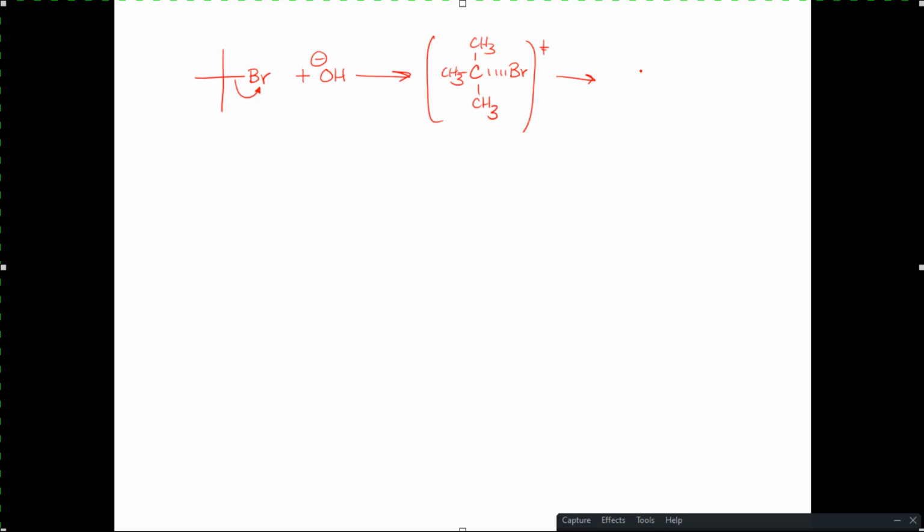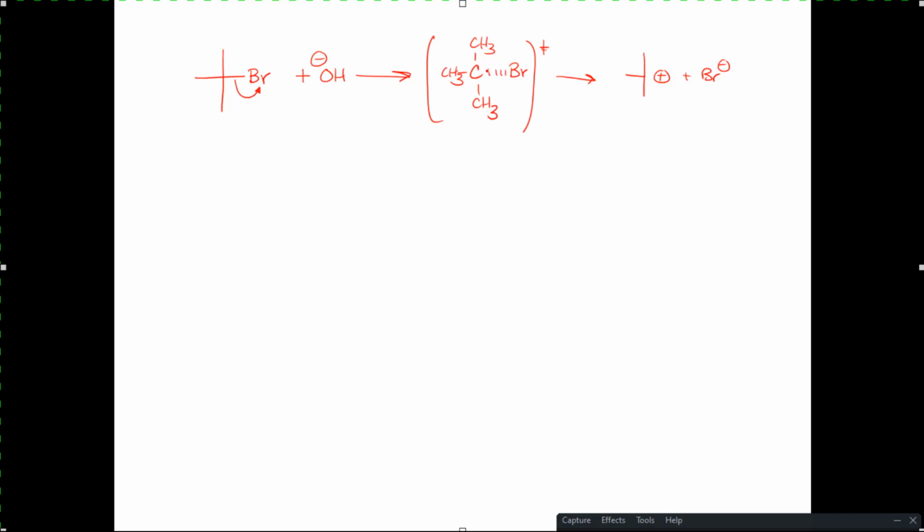But what am I forming? I'm forming a tertiary carbocation and the Br minus. So basically what I can do is say the transition state would be the average of a C-Br bond, no C-Br bond, and a partial C-Br bond.